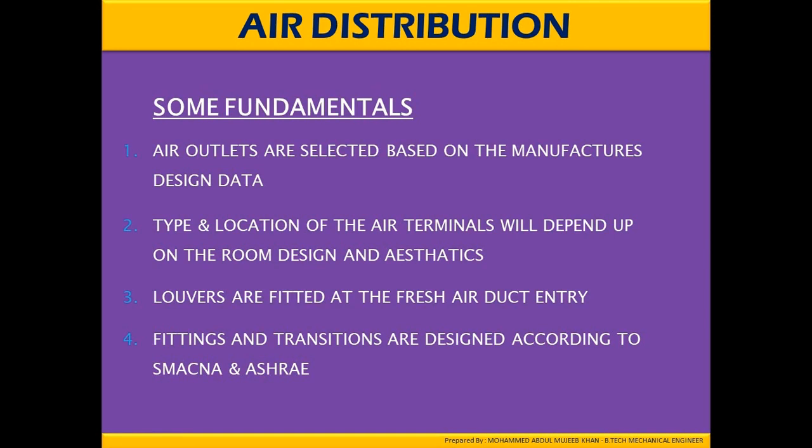Some fundamentals. Air outlets are selected based on the manufacturer design data. Types and location of the air terminals will depend upon the room design and aesthetics. Louvers are fitted at the fresh air duct entry. Fittings and transitions are designed according to the SMACNA and ASHRAE standards.